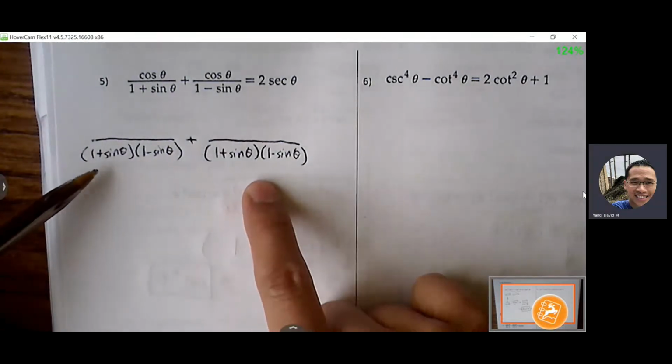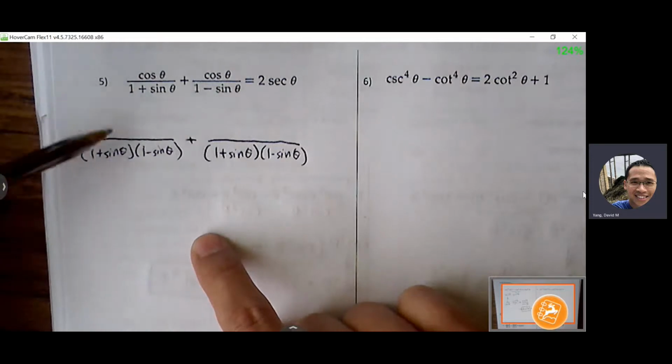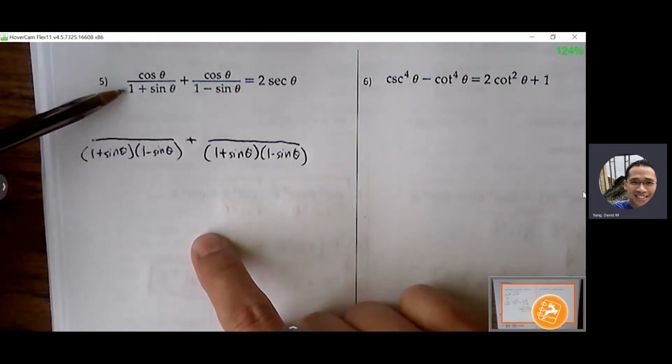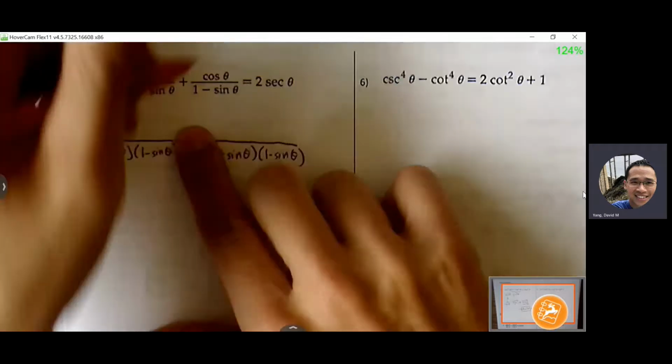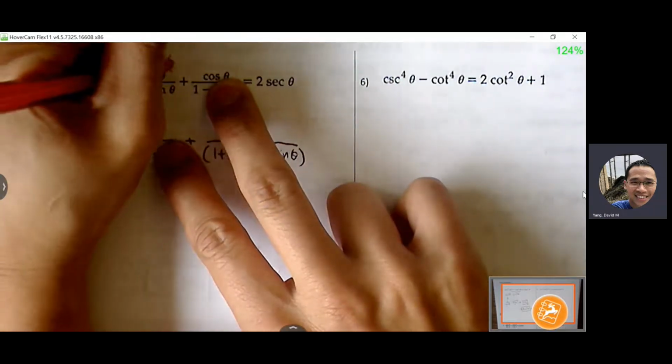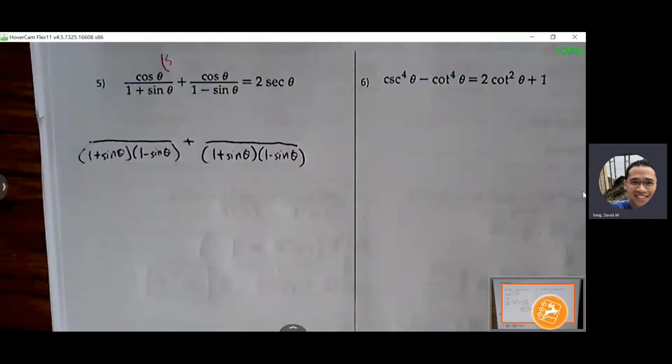So now that I've created a common denominator, I have to figure out if there's any balancing that needs to be done between old and new denominator. Here, my old denominator is missing a 1 minus sine theta, so I need to multiply numerator by 1 minus sine theta.